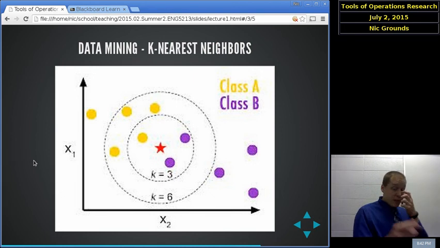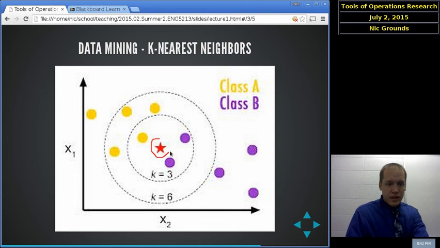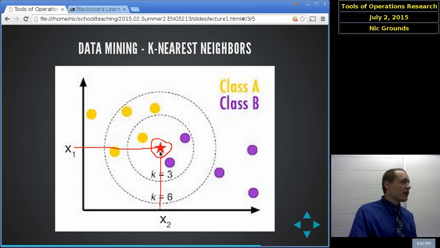Then you could literally think about graphing these based on their value for X1 and their value for X2. If I'm trying to predict this star record, it has some value for X2 and some value for X1, and I want to say, do I think that is a yellow or a purple record?